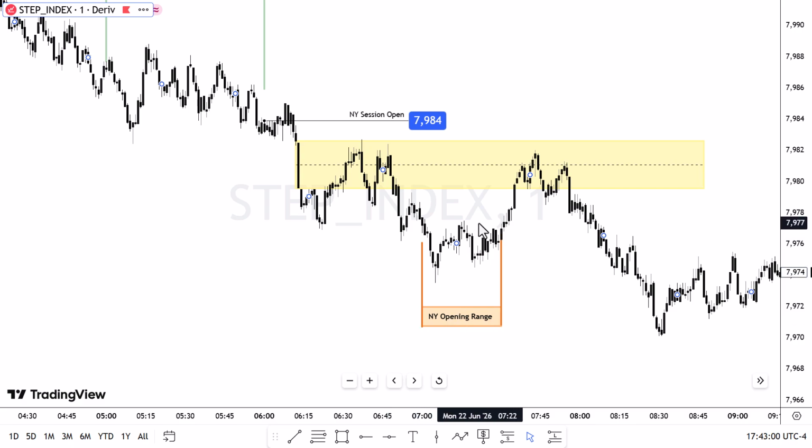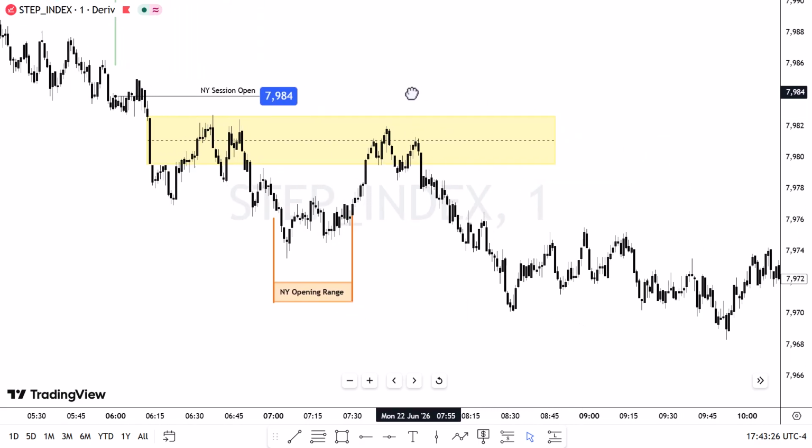But when price action is retracing like this, it's going against my bias. I don't trade when price action is going against my bias. All right. So price action goes up into that New York session fair value gap and it fails to continue going up. Well, we have a bearish bias, remember.